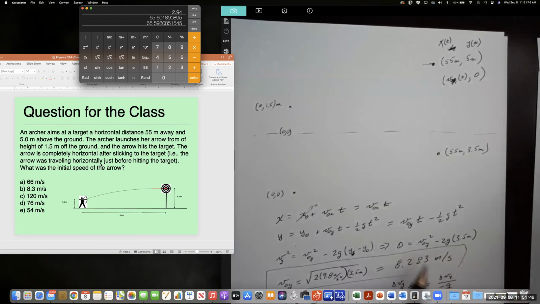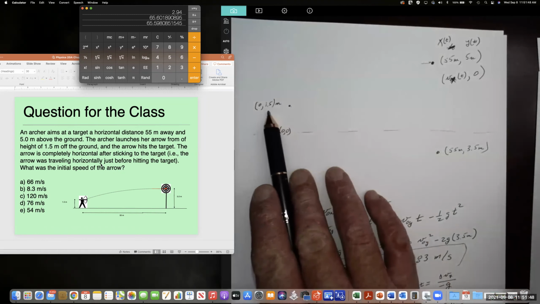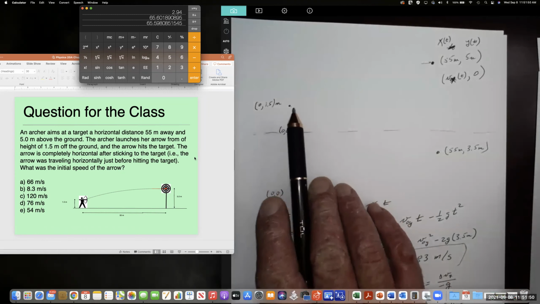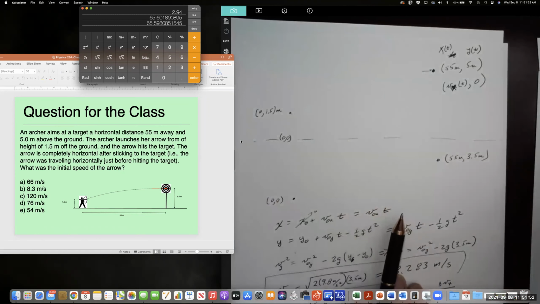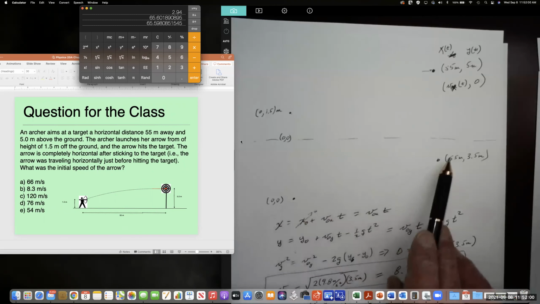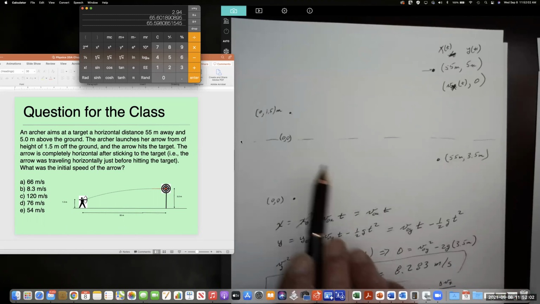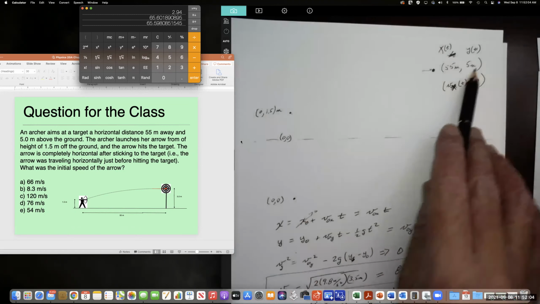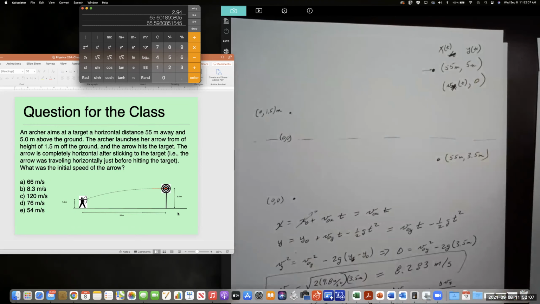If it's traveling horizontally, its y velocity is 0. And I wrote that down explicitly up here. But I go and I do my drawings, and I first did the drawing just as they wrote it. If my job was just to solve the problem, I would have started right here, 0, 0, 55, 3.5, and I wouldn't have written the 1.5 and the 5 up front, because it was irrelevant. Now it's relevant.